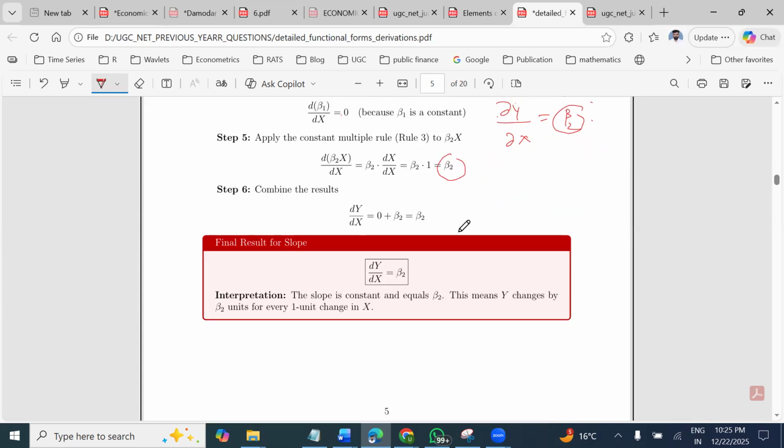So I think this is fine. The final result is delta y by delta x is equal to beta 2. So the interpretation is that the slope is constant and equal to beta 2. This means y changes by beta 2 units for every 1 unit change in x.